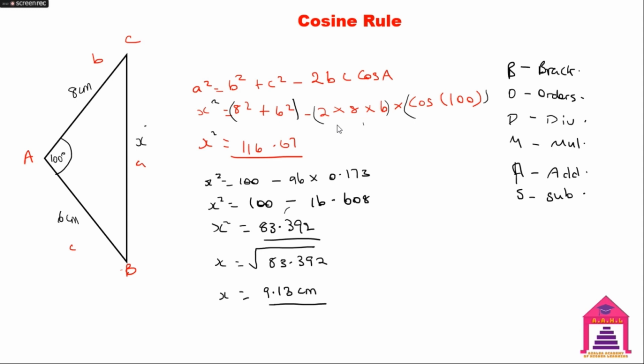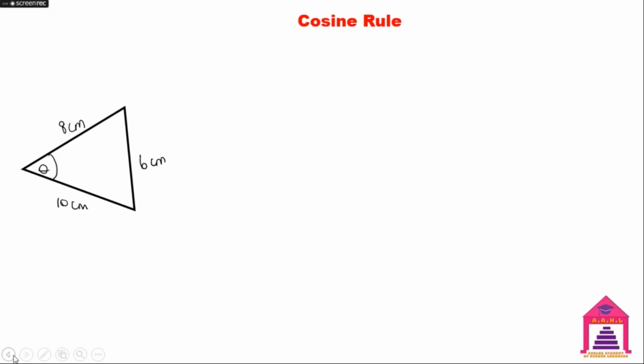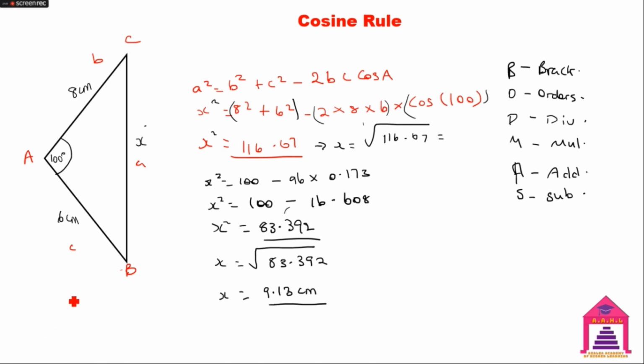Now, if we had done 116, the square root of 116 would give us 10.77.